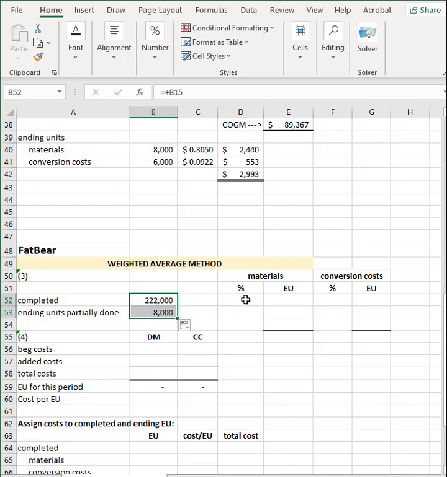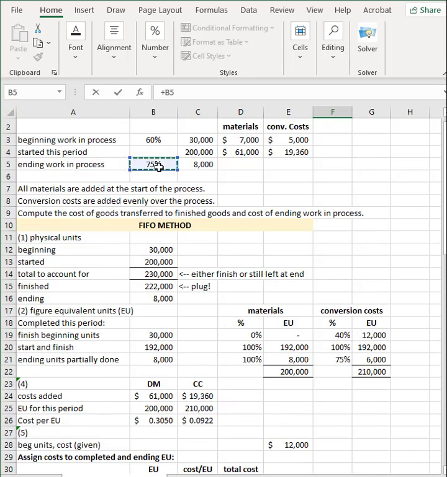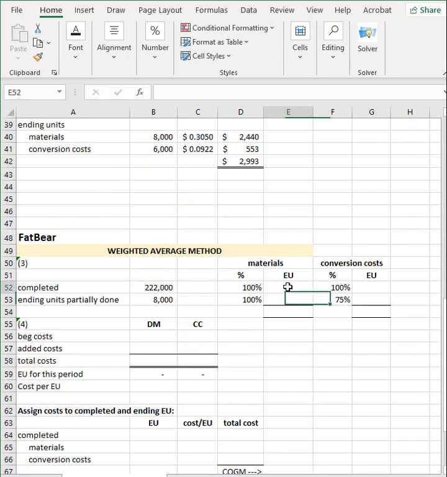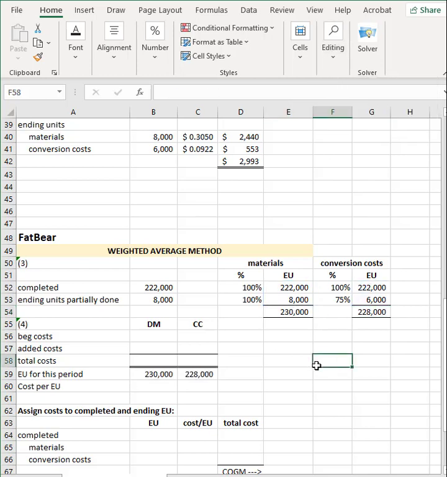So what percent complete? Well, the ones that we finished are 100% complete. And then in the ending, it would have all the materials, but only 75% of the conversion cost of work in process. And then you take the physical units times the percent complete. So there's equivalent units for the period.